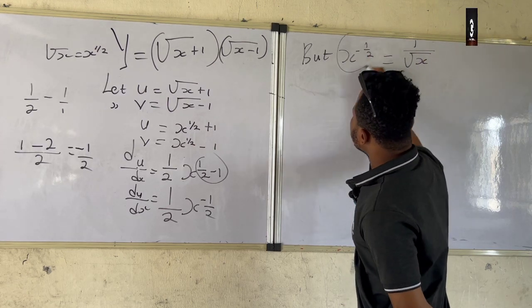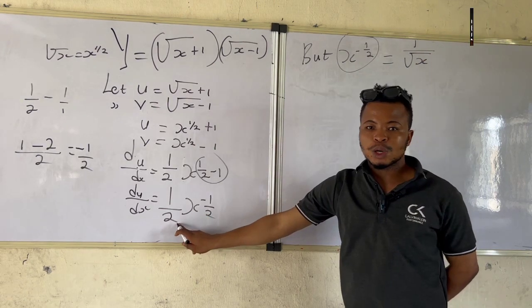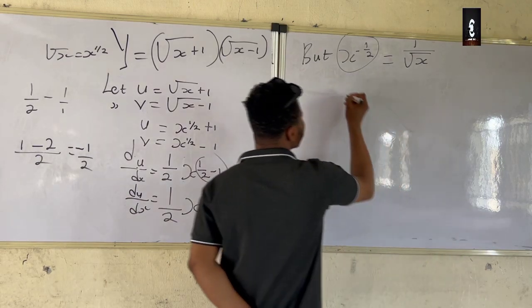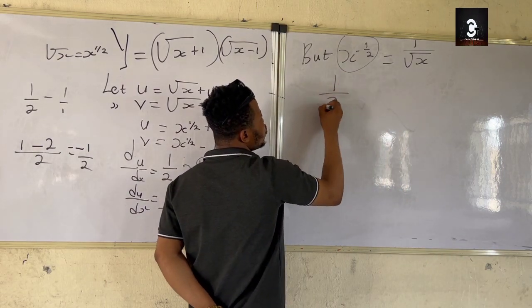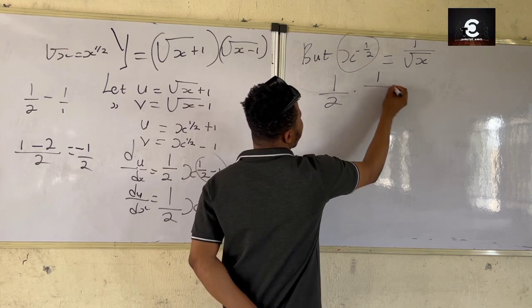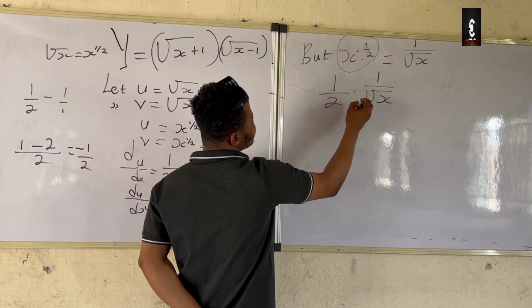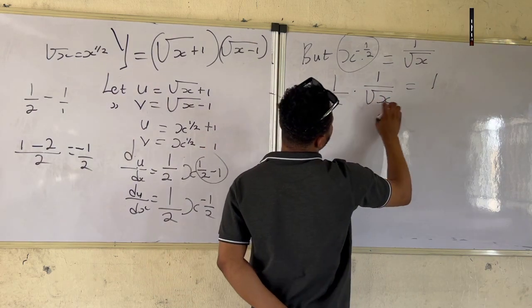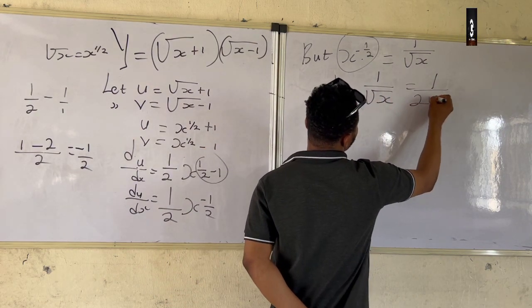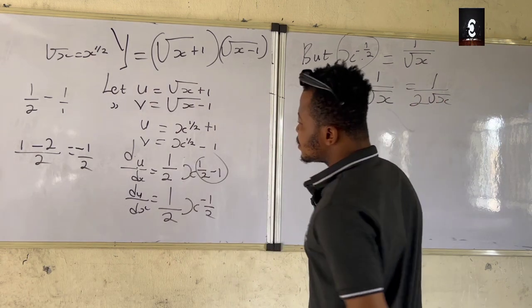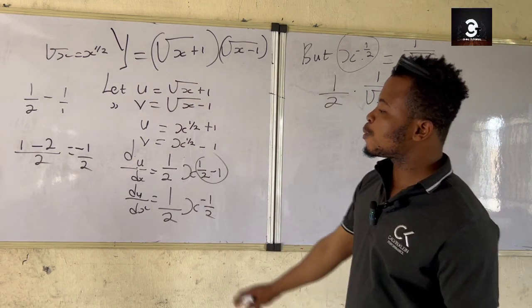This is what this alone means. Remember, I have not touched this 1 over 2. So what am I going to do? I will say 1 over 2 multiplies 1 over root x. 1 times this will give you 1, 2 times root x will give you 2 root x. I just differentiated du in respect to x.